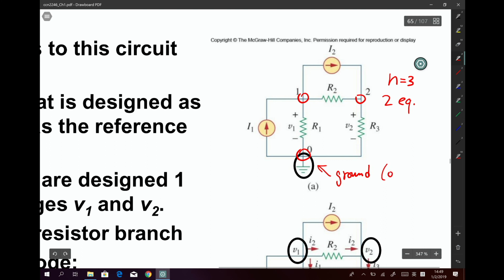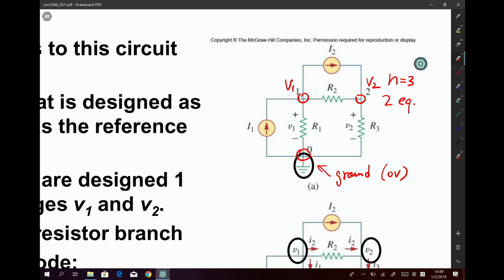It represents 0. It does not mean it is an Earth. Now for the ground, we see that this is 0 volt, and for the other 2, you will give a voltage for each of the loop. This is V1 and this is V2. And they become the unknowns of this problem.